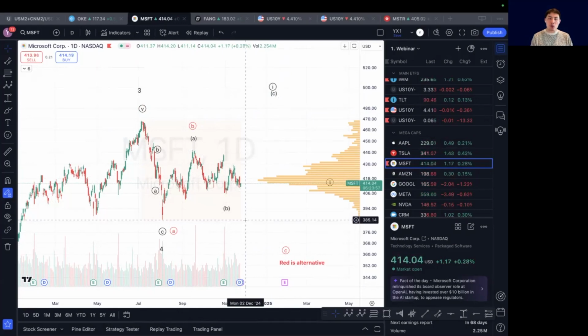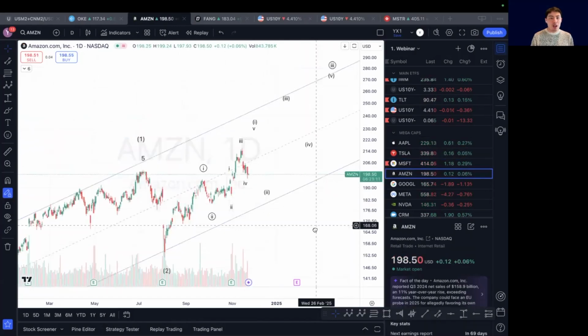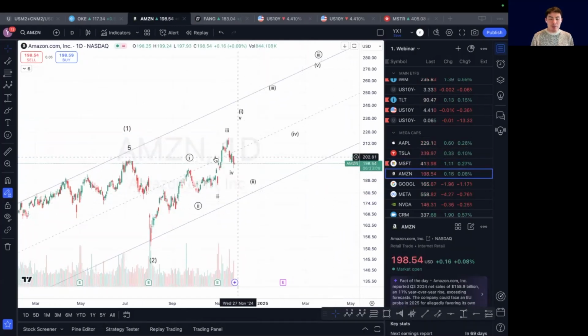But to me, just looking at overall market technicals in SPY and QQQ, it's hard for me to imagine a world where SPY and QQQ are moving up and Microsoft is moving down significantly. But having said that, Microsoft only rose by 20% versus 30 plus percentage points in the indices in the past 1 year.